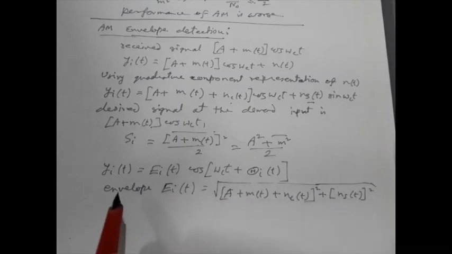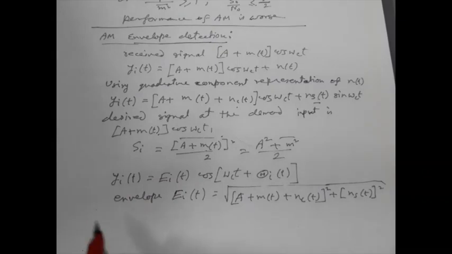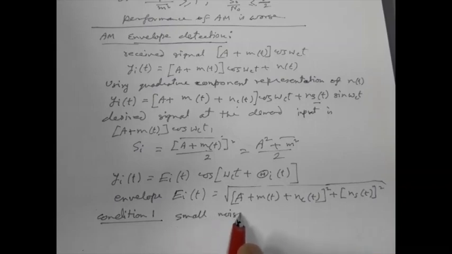So now we have two cases. One is the small noise case, another is the large noise case. So first consider small noise. Here the signal part A plus m(t) is much greater than the noise part.